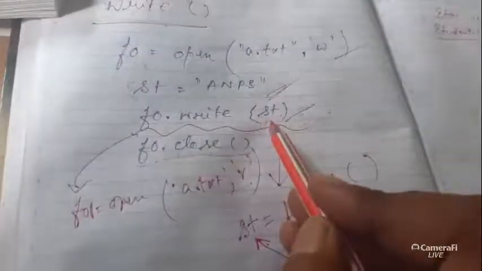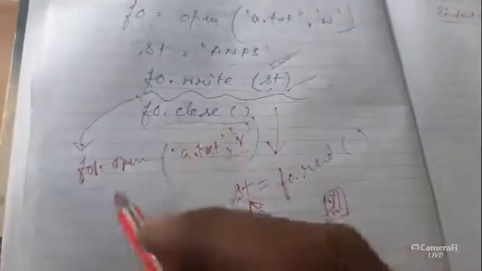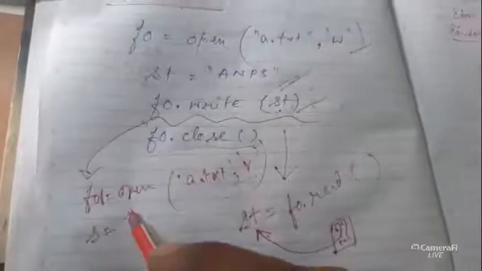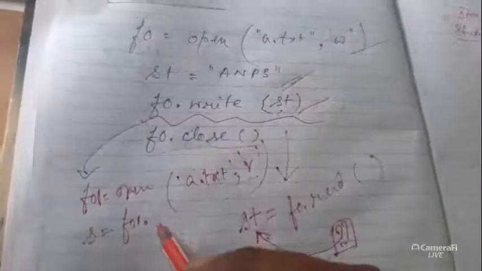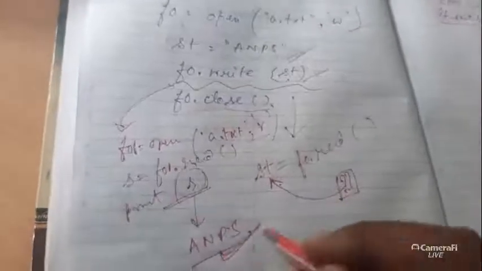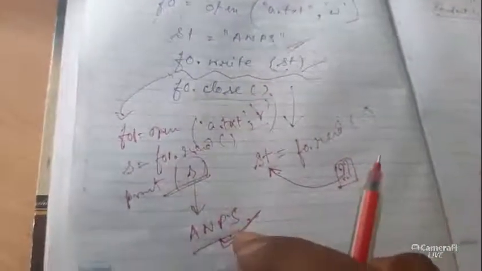Because I want to check whether the actual content has been written into the file or not. So I fetch the content of the file with fo1.read, and after that we can simply print the content. If it shows the same ANPS word, which I stored at first, then obviously we can say we are writing into the file.